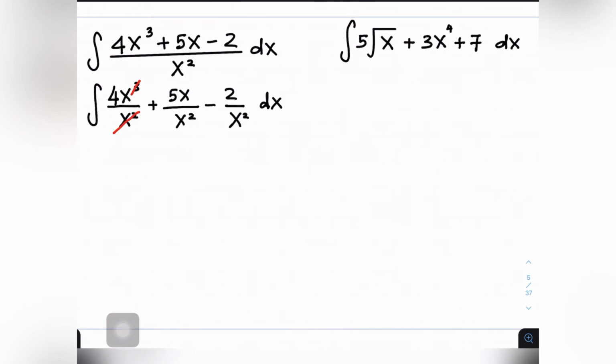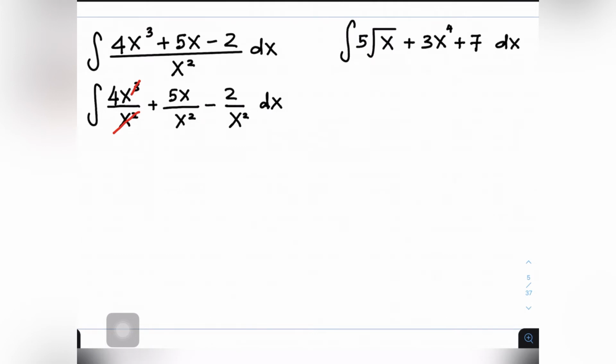And then the second term, you have 1x in the numerator on top, and x to the power of 2, meaning you have 2x, in the denominator at the bottom. So you can eliminate 1x, the minimum one.